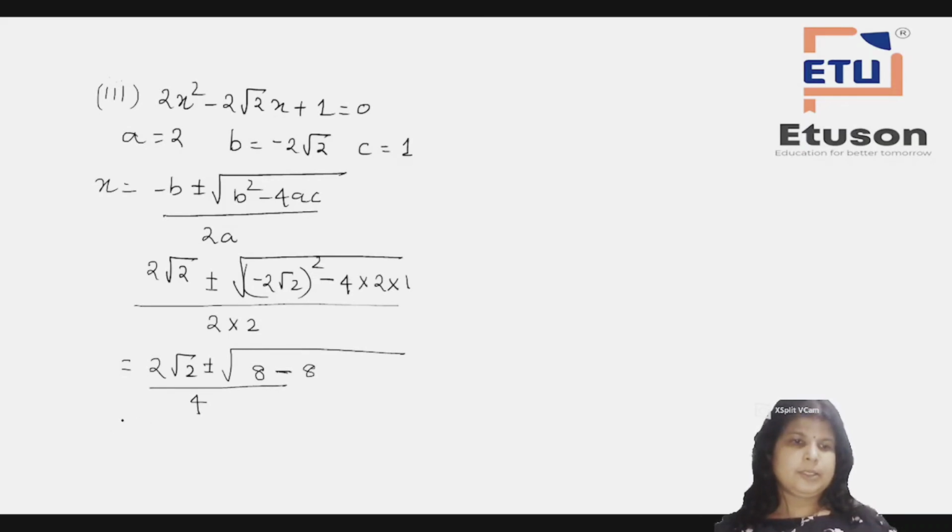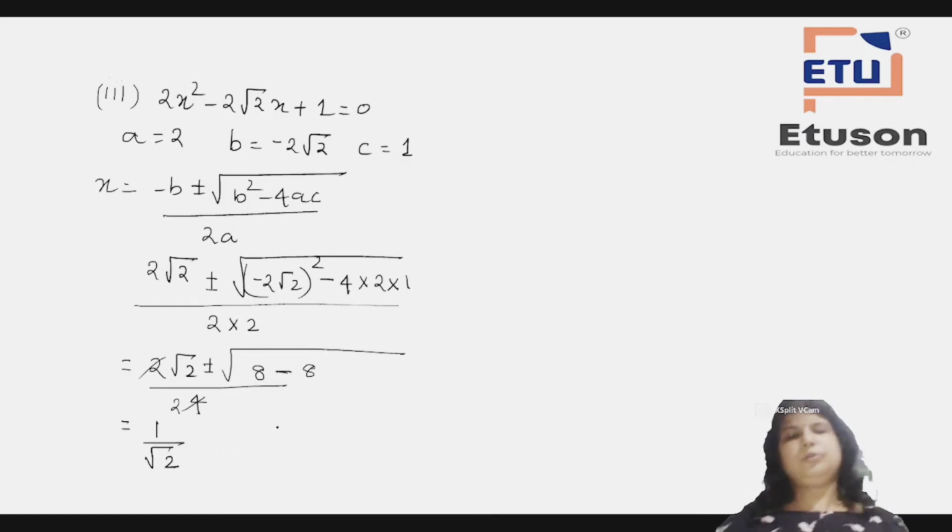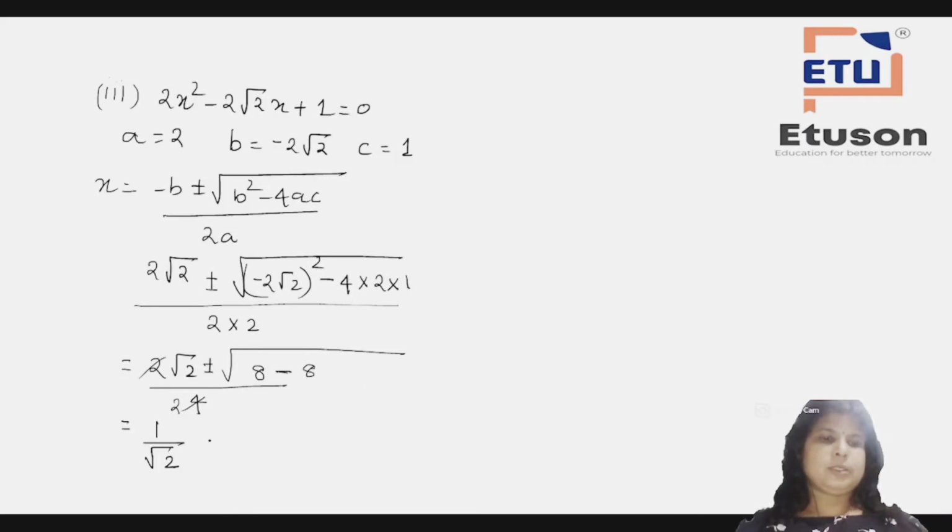So it implies your x is equal to how much? 2 root 2 by 4. So you can just cancel it out. So you will get 2 and the answer is 1 by root 2. Okay. So the answer is 1 by root 2 and 1 by root 2. Correct, children? So hope you have understood it.